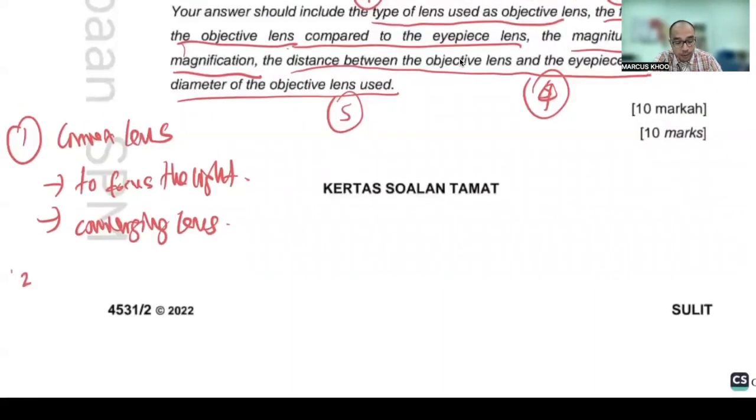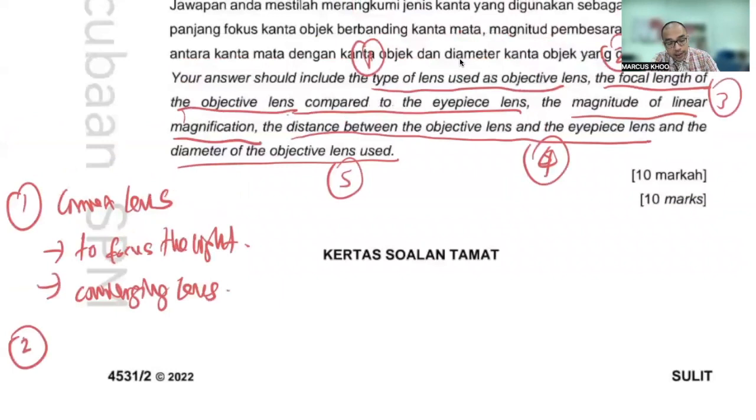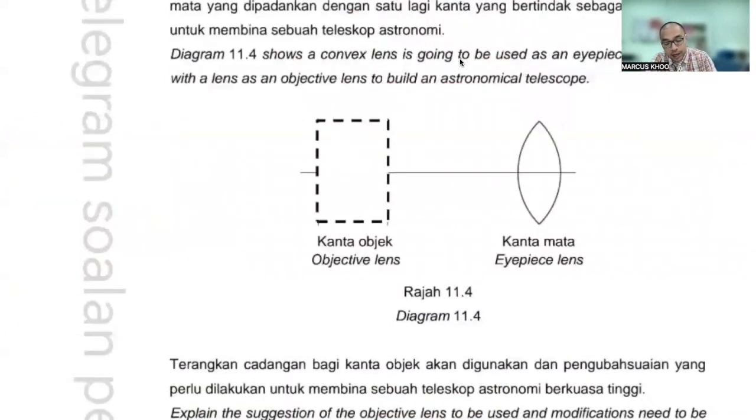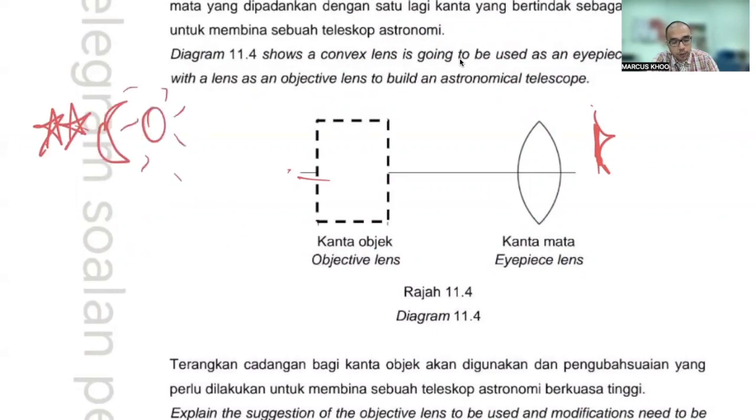This one you must remember: the eyepiece lens is facing the eye, while the objective lens is facing something very far away, like a star, the moon, or the sun. So the objective lens must have a bigger focal length compared to the eyepiece lens, which has a small focal length.